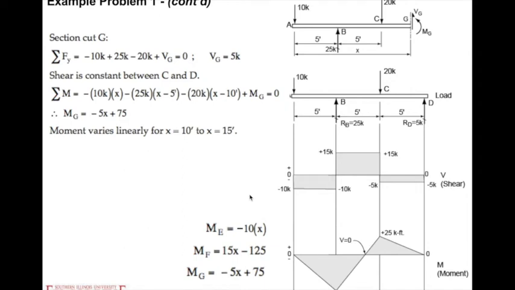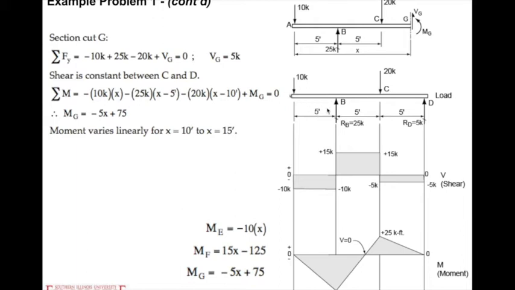But one thing you need to pay attention to is, when we draw the V and M, whether it's positive or negative does not depend on our calculation. It's based on the sign convention we talked about in our previous slides. For example, what's the sign convention between AB?